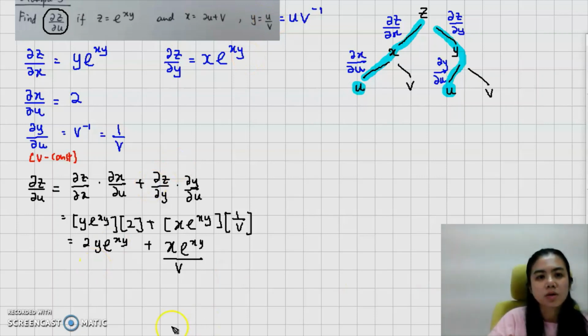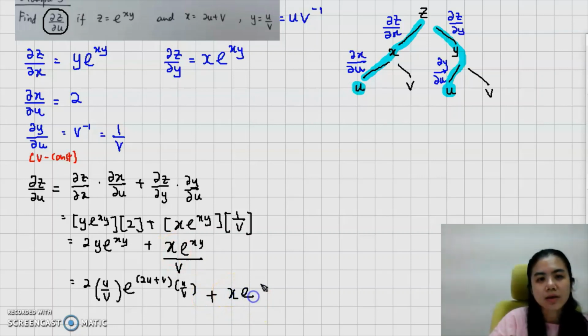So okay, let's just do the substitution. In here you have the 2, the y there is u over v, the x there is bracket 2u plus v, again multiplied with the y that is u over v, plus x e^(xy) again, so that is 2u plus v, and then the y is u over v. And then over the v here.